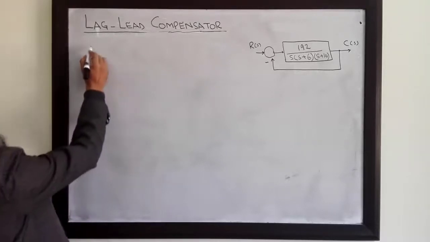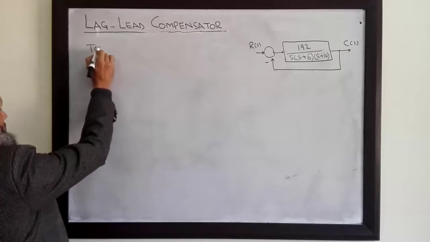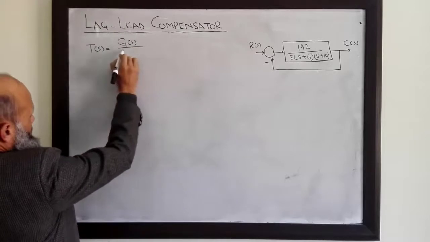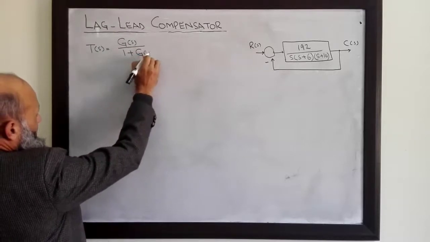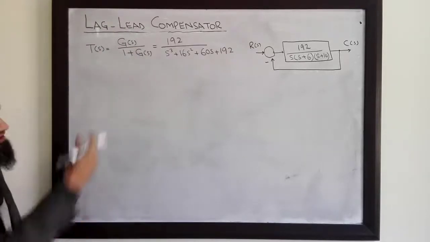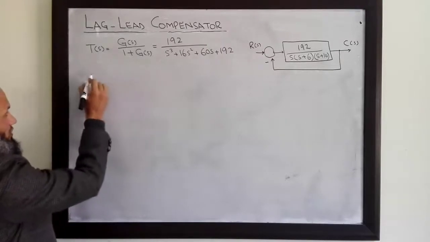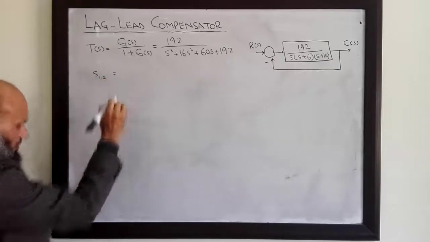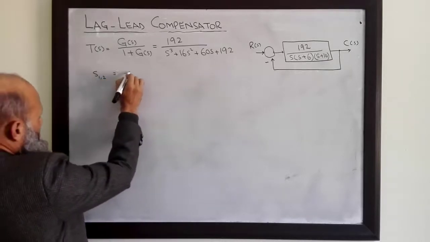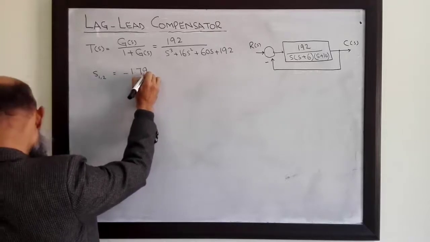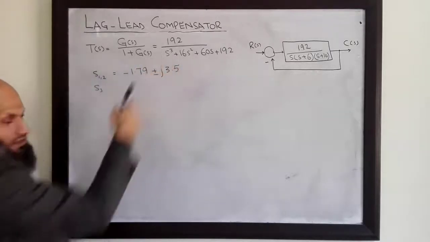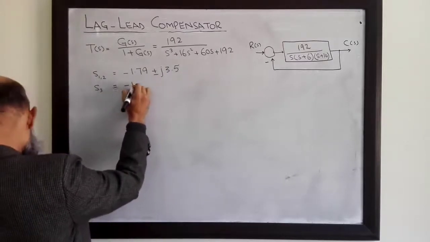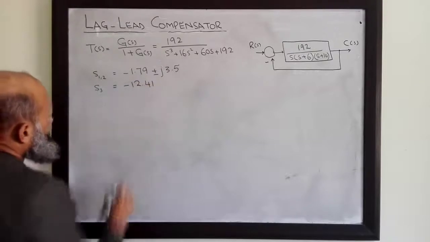To determine the transient characteristics, we find the closed loop transfer function, which is given by G(s) over 1 plus G(s). For this uncompensated system, there are two complex poles located at minus 1.79, and it is a third order system, so the third pole is located at minus 12.41.